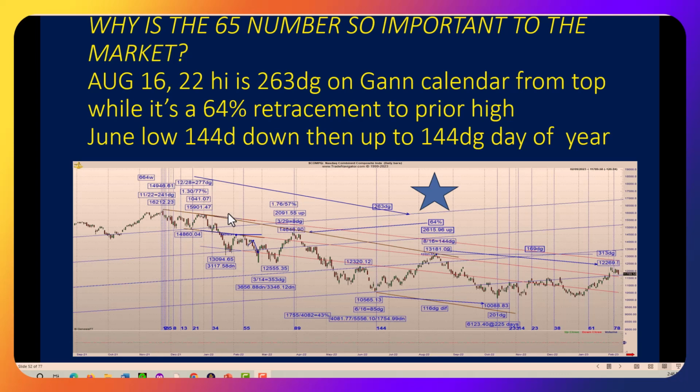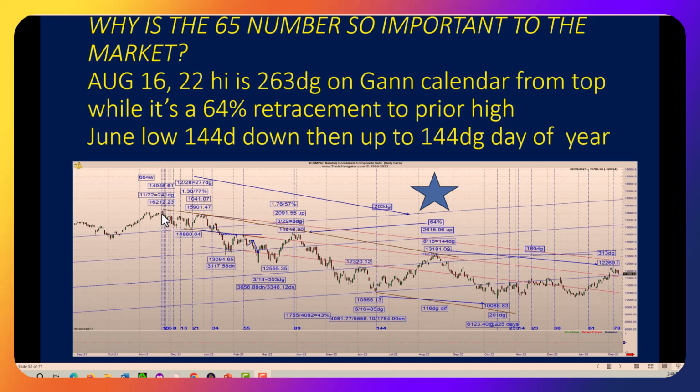So I just want to give you some kind of a flavor for how this works. The high for the original top, and yes, this is the NASDAQ, and I'm going to show you the Dow as well.